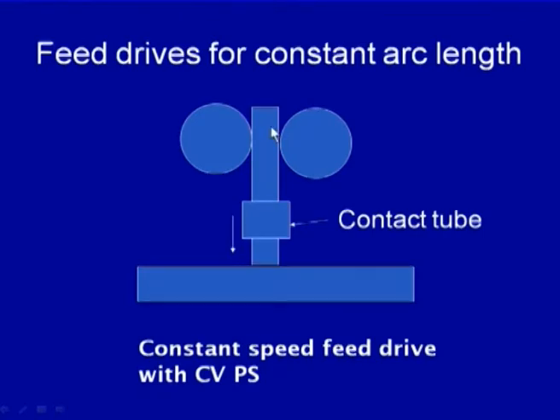This approach is mainly used for welding processes when a small diameter electrode is used with a large electrode extension, and the material is of reasonably higher electrical resistivity, so that the BLI square component of the melting rate is high enough to regulate the melting rate. Under those conditions, the constant feed drive system in association with the constant voltage type of power source helps to maintain the arc length.